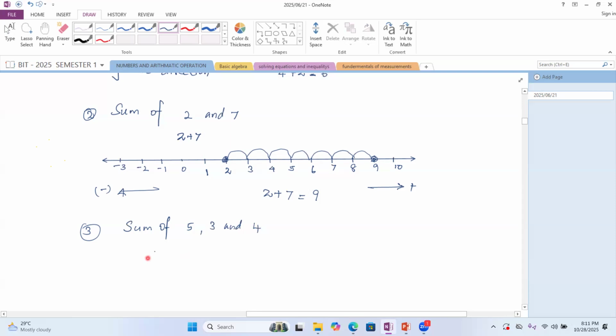That means 5 plus 3 plus 4. So how can we find the result by using the number line?